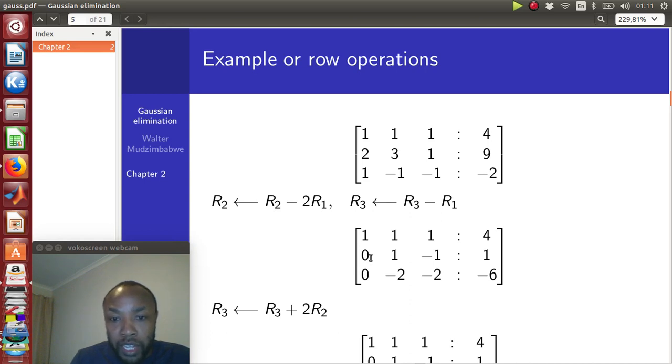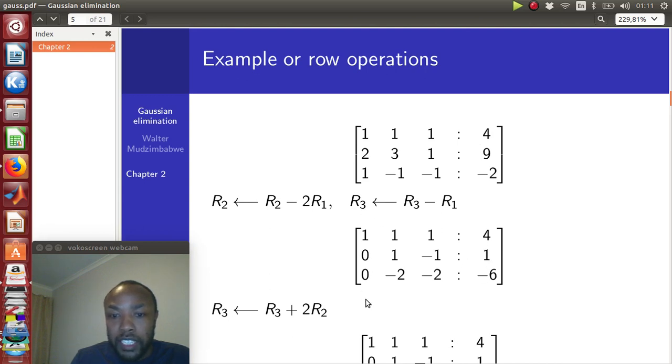This means this part will be 2 minus 2 times 1, which is 0. This part is 3 minus 2 times 1, which is 1. This part will be 1 minus 2 times 1, that's minus 1. This part will be 9 minus 2 times 4, that's 9 minus 8, which is 1.